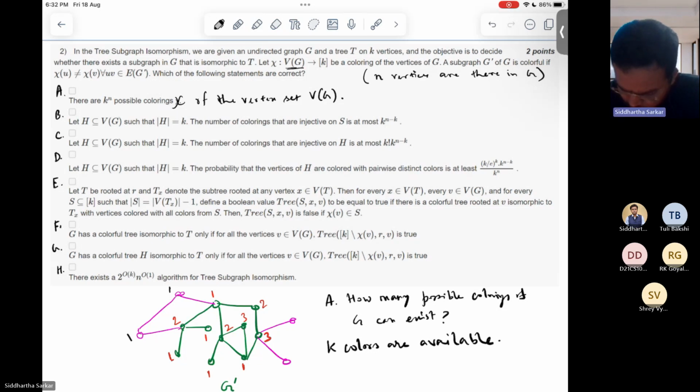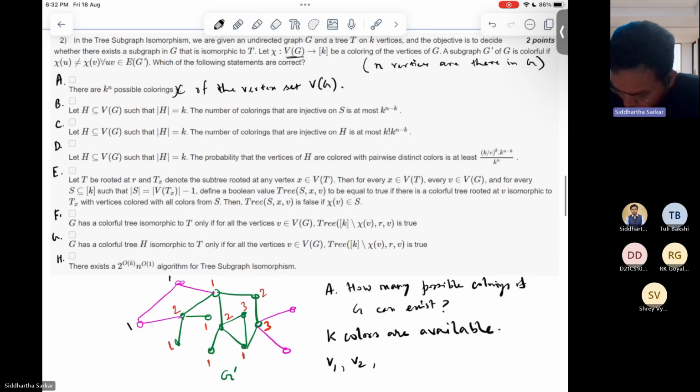So I'll rephrase it for the sake of the other participants. You have n vertices in the graph, let us say v1, v2, v3 up to vn. Now what does chi do? Chi's job is to assign one color from the set 1, 2, 3 up to k.